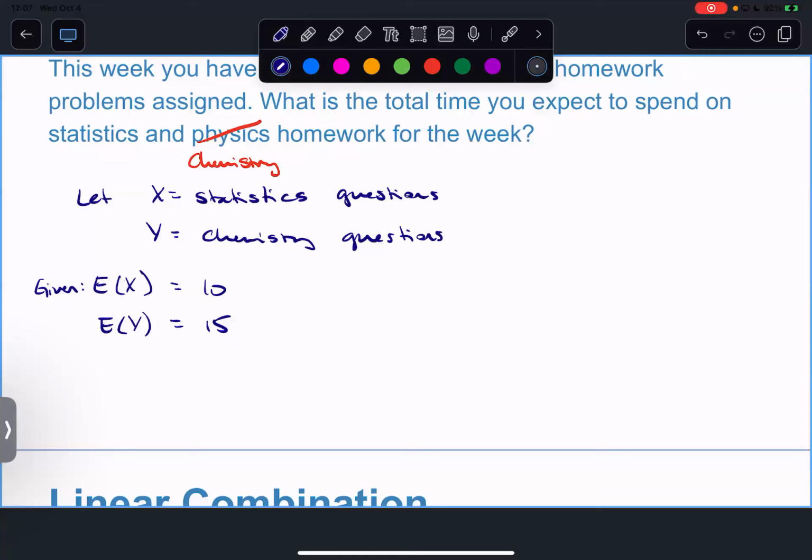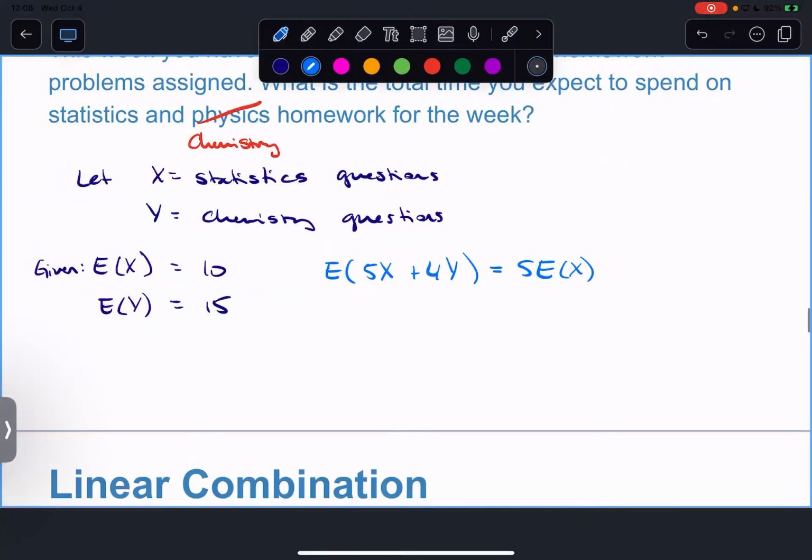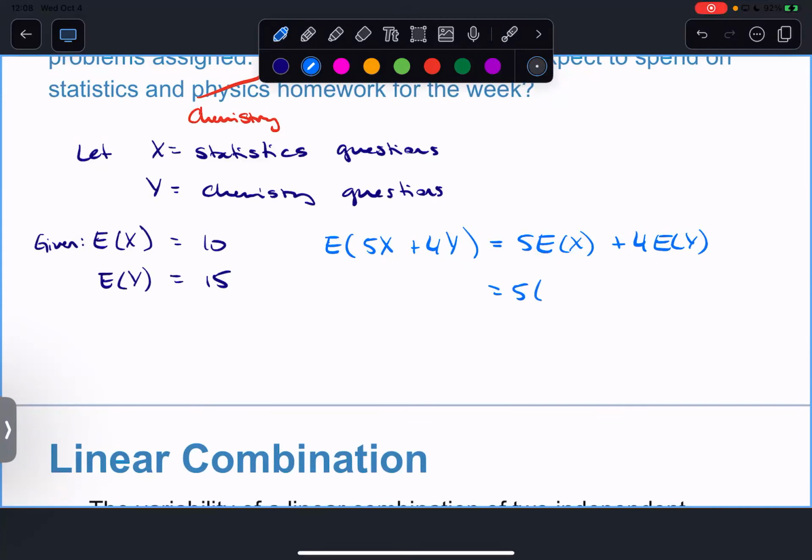Now, if you have 5X and 4Y, then we want to find the expected value of 5X plus 4Y, knowing that the expectation distributes. Then I can say, well, that's 5 times the expected value of X plus 4 times the expected value of Y, which I have. That does look like sex, but 5 times 10 plus 4 times 15.